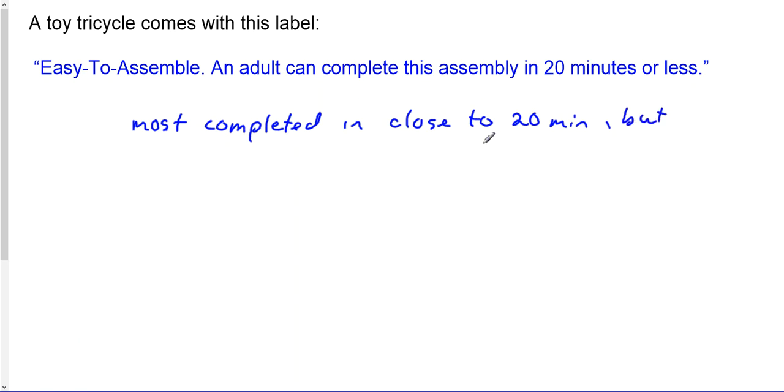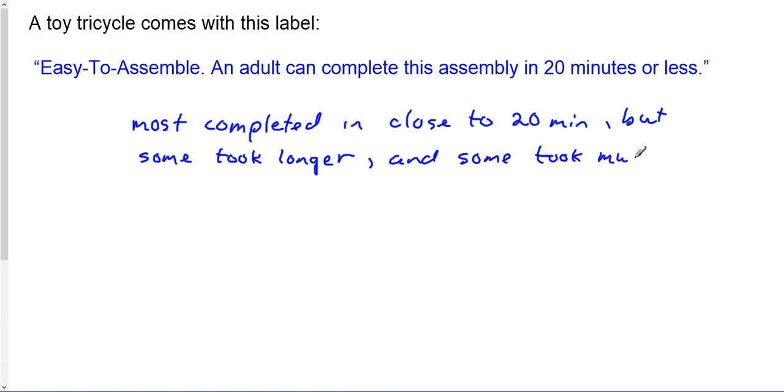But some took longer. And we could also say some took much less time.